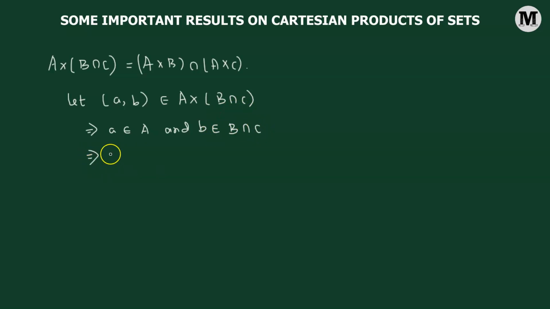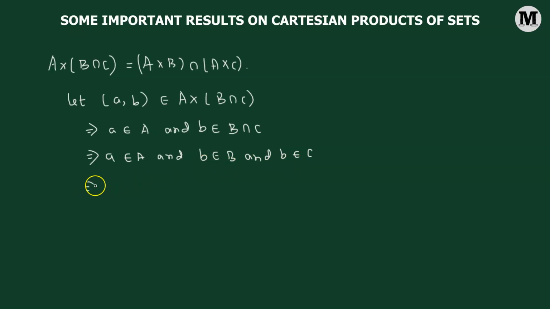So that means we have a belonging to the set A, and we have b belonging to the set B, and b belonging to the set C. That is the definition of an intersection of sets. If an element belongs to the intersection of two sets B and C, the same element b must belong to both of the two sets.